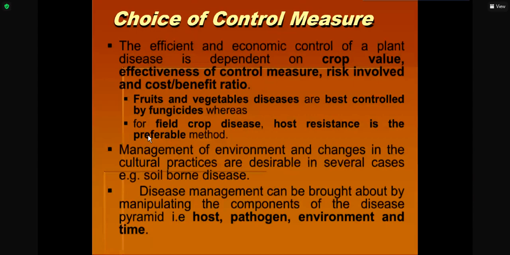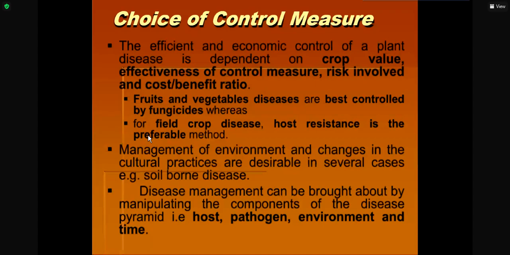Sample means the representative portion from the lot. After taking the samples from each packet, he will mix all the samples. After mixing, we get the composite sample, and from the composite sample, the quarantine officer will collect the working sample, just 1 or 2 grams. The accuracy of the certificate completely depends on the accuracy of sampling. So the sample must be representative. It should not be biased.